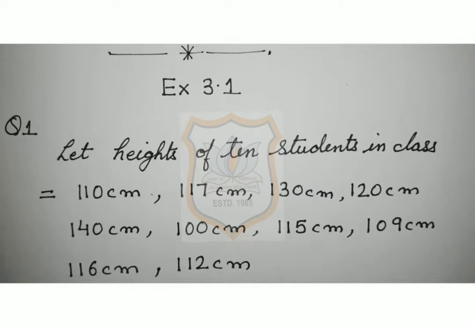I have supposed the heights of the students in a class, and they are 110 centimeter, 117 centimeter, 130 centimeter, 120 centimeter, 140 centimeter, 100 centimeter, 115 centimeter, 109 centimeter, 116 centimeter, and 112 centimeter.